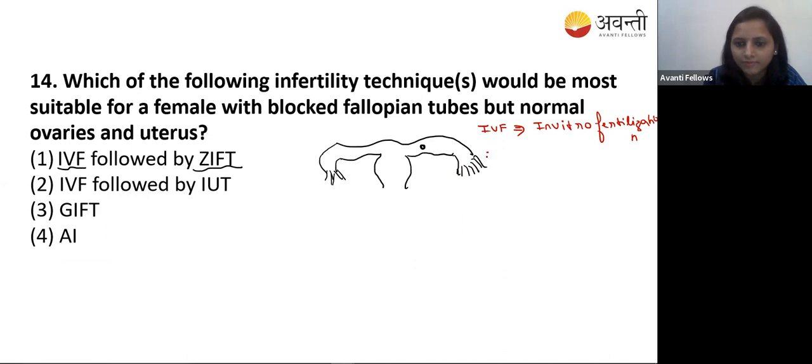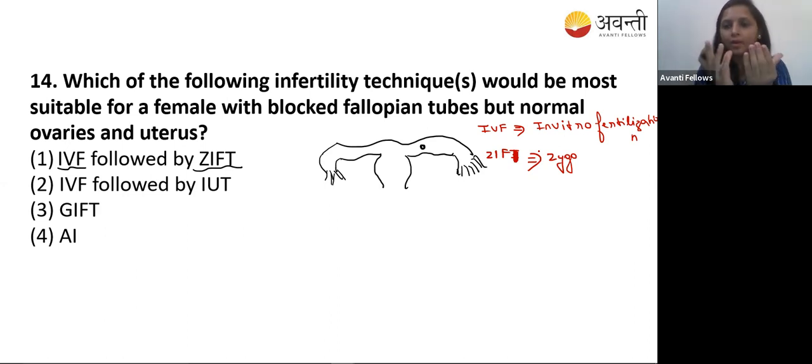So then coming to the ZIFT. What do you mean by ZIFT? ZIFT is nothing but the zygote. So we are doing the IVF outside, in the laboratory conditions. So we will let it form the zygote. That zygote will be transferred to the fallopian tube. So that we will call a ZIFT.